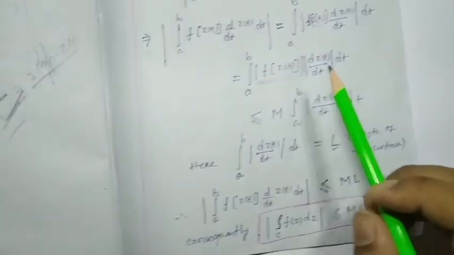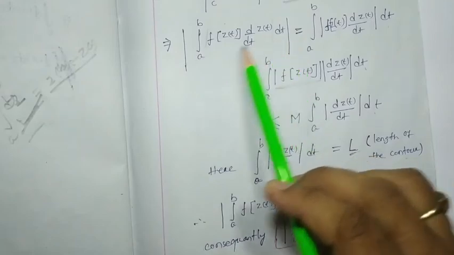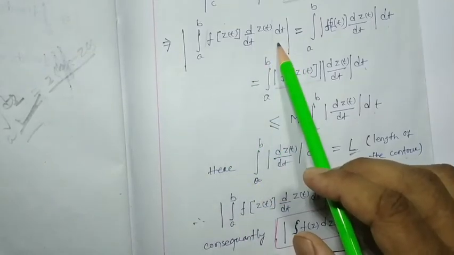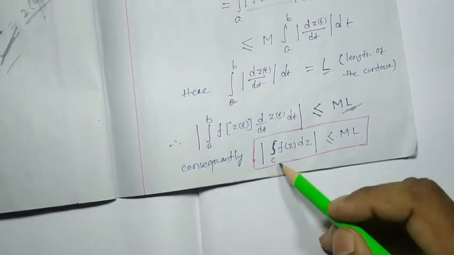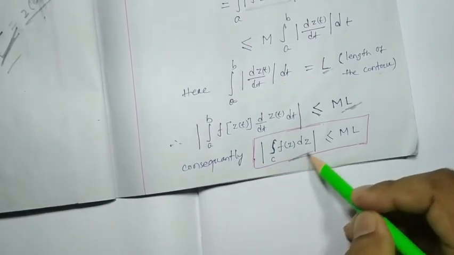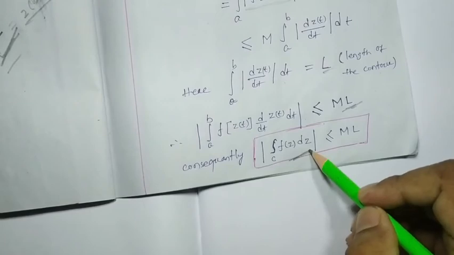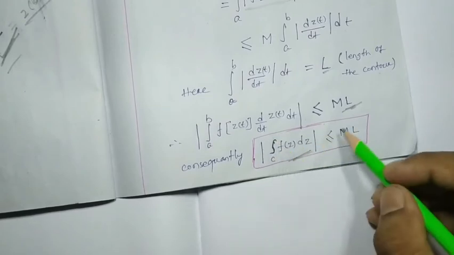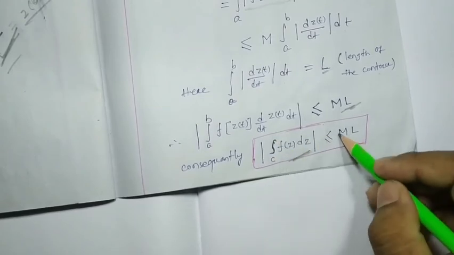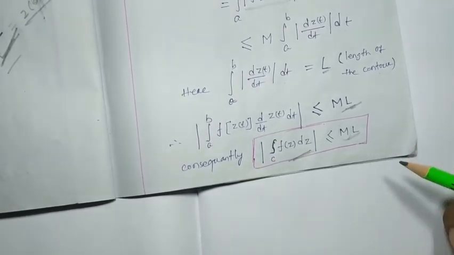Hence the modulus of this integration will be less than or equal to ML. Consequently, we can write the modulus of a line integral of a function on a particular curve will be less than or equal to its modulus value into its length.